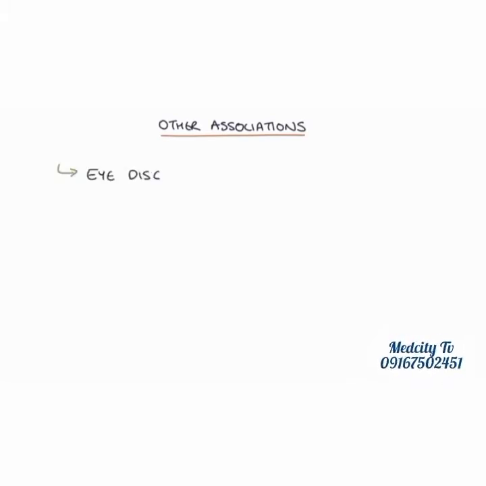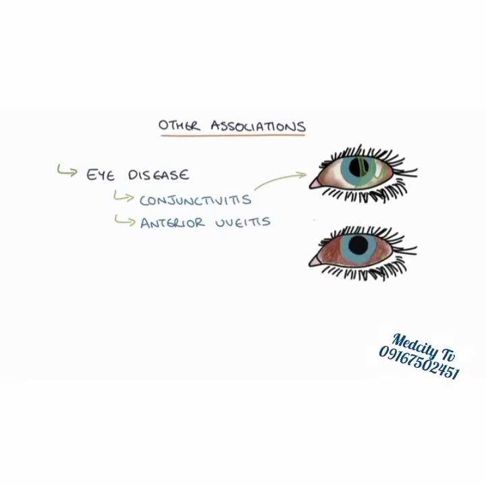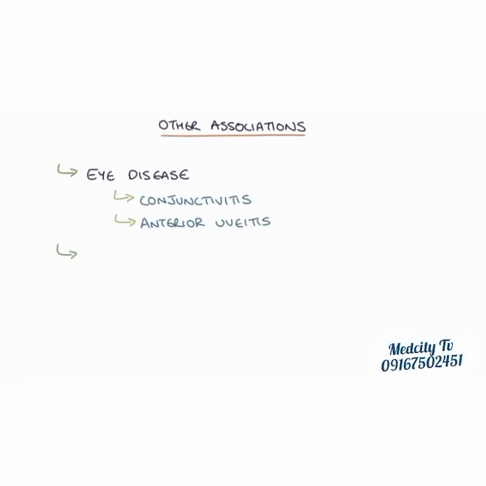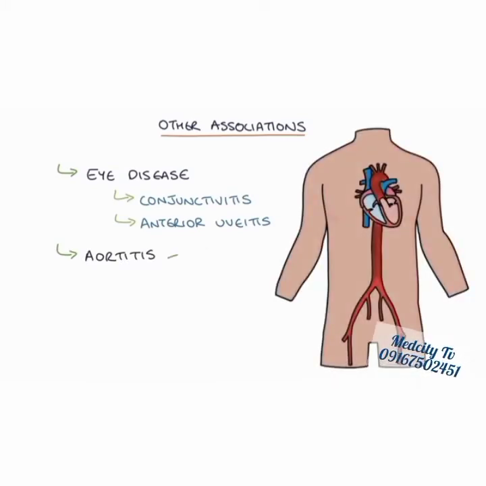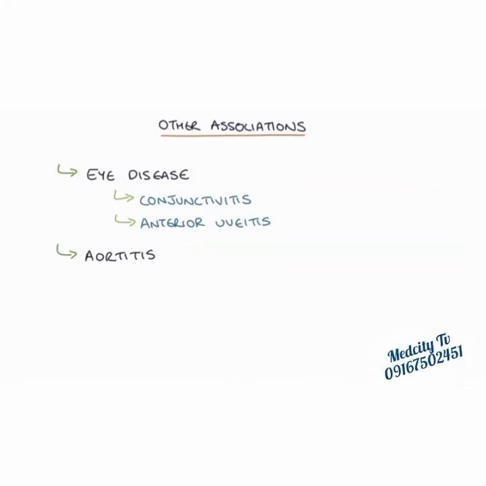One of them is eye disease, and it causes conjunctivitis and anterior uveitis. Another one is aortitis. So this is inflammation of the aorta, or that big blood vessel that comes out of the heart and travels down through the chest and abdomen.